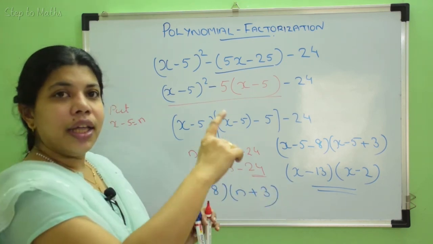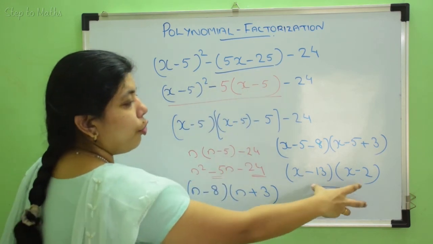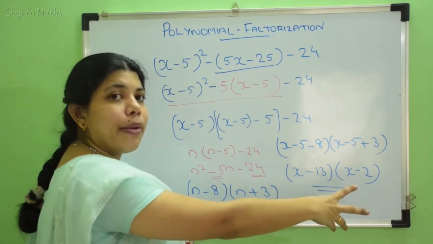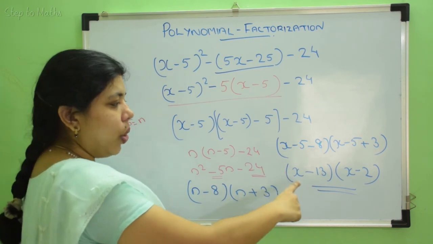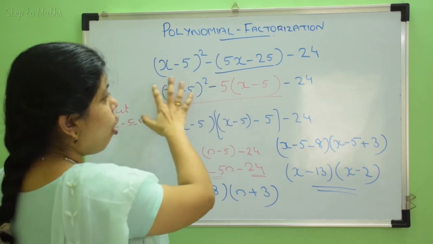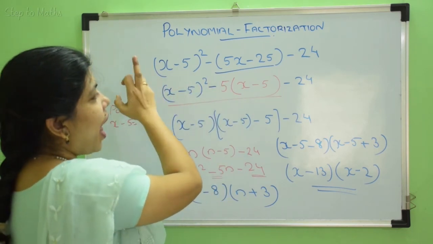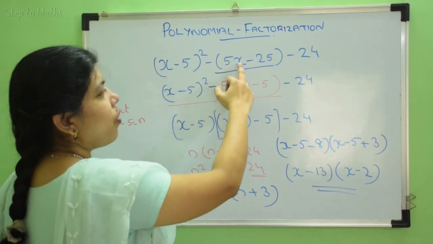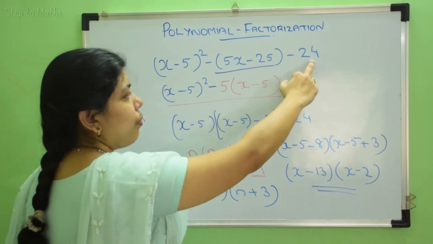That means the given polynomial is a product of two simple polynomials, (x minus 13) and (x minus 2) are the factors of the given polynomial (x minus 5) square minus 5x minus 25 minus 24.